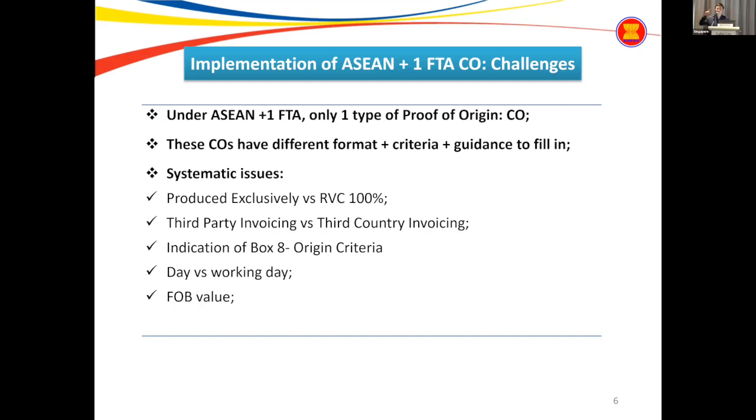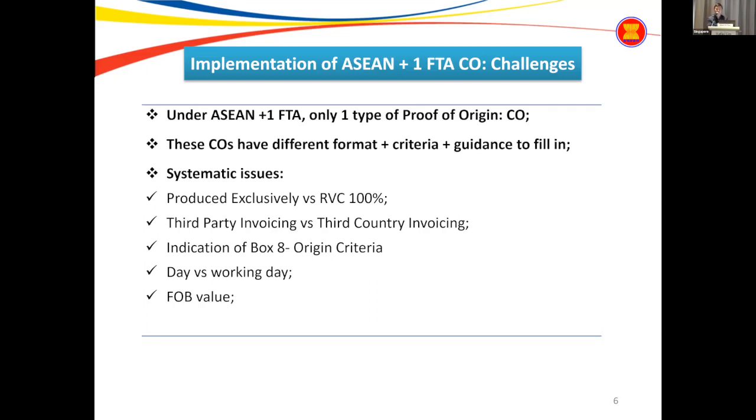Then they indicated PE, but there's no PE in the rules, I mean in what we call the overleaf notes. Then 2000 CO forms were rejected by an ASEAN member state. You see, 2000 is billions of dollars because of this very simple reason.